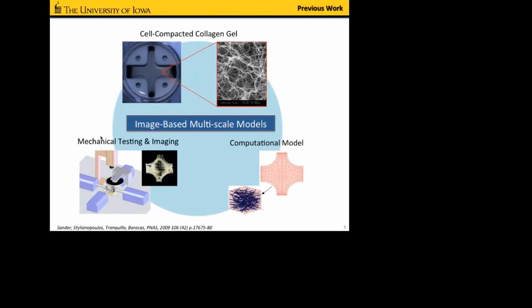The first is our test sample, which in this case is a cell-compacted collagen gel, and I'll describe that in more detail in the next slide. The second primary component is, of course, the computational model. And the third component is the experimental system that we use that allows us to simultaneously mechanically test and image the gel so we can get measurements of how the microstructure reorganizes dynamically in response to loading.